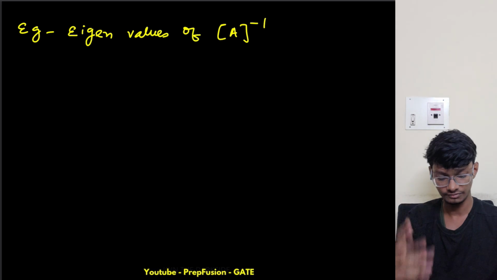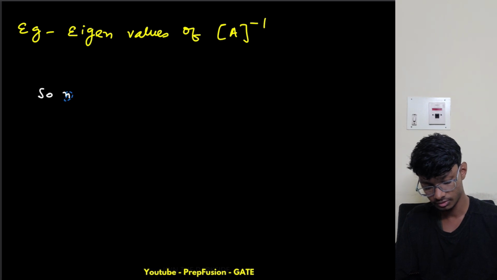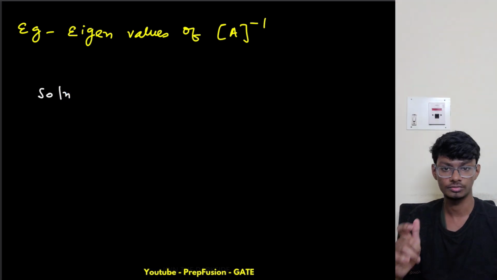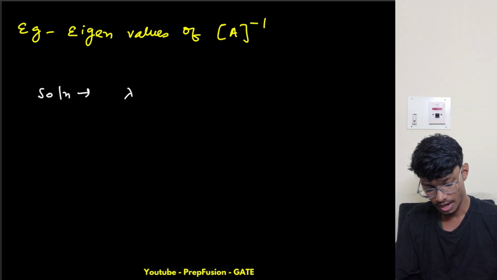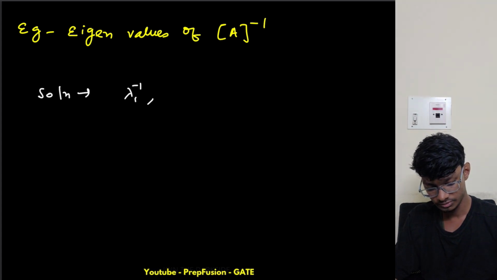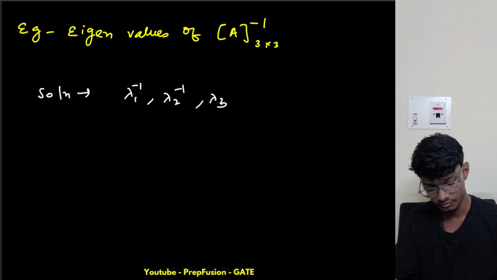What will be the eigenvalues of A inverse? Lambda will be raised to the power of -1. Oh, this is 3 cross 3, let me write it as 3 cross 3. So lambda 1 to the power of -1, lambda 2 to the power of -1, and lambda 3 to the power of -1.